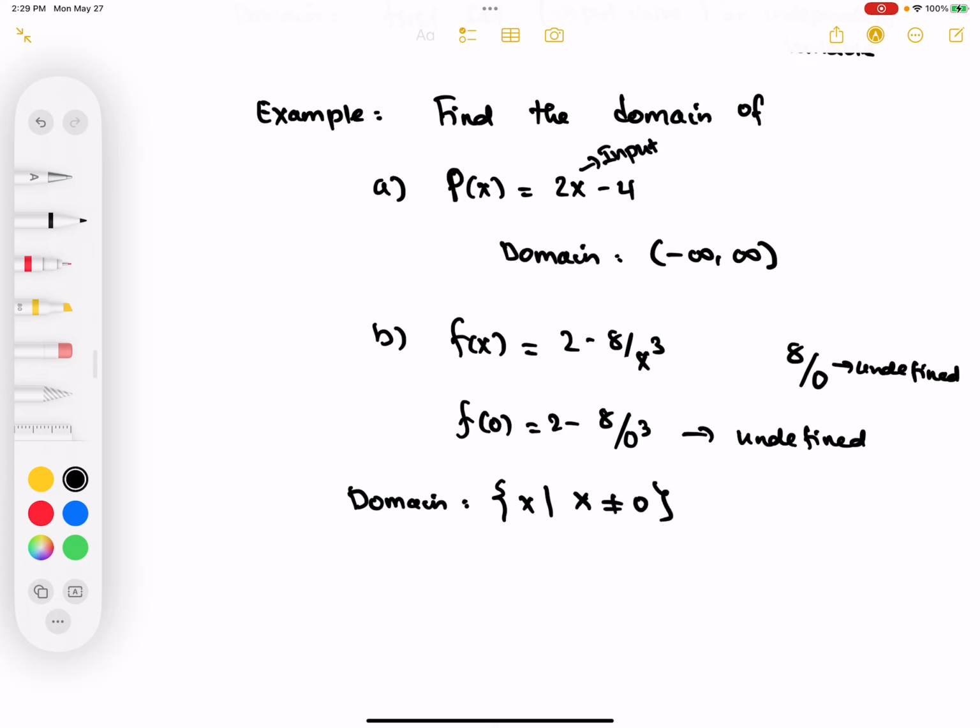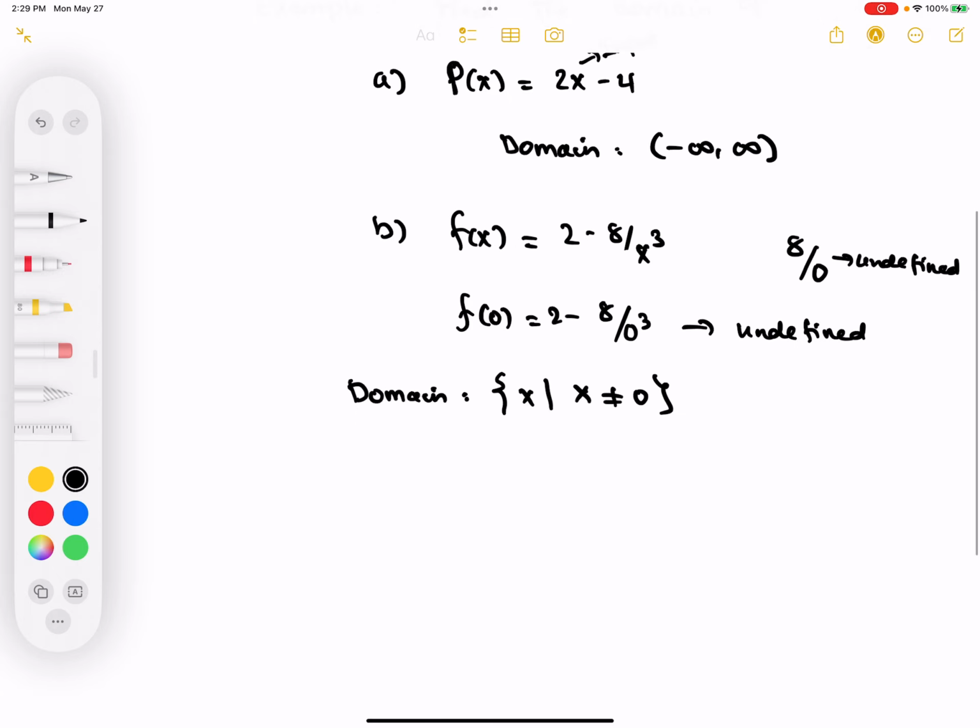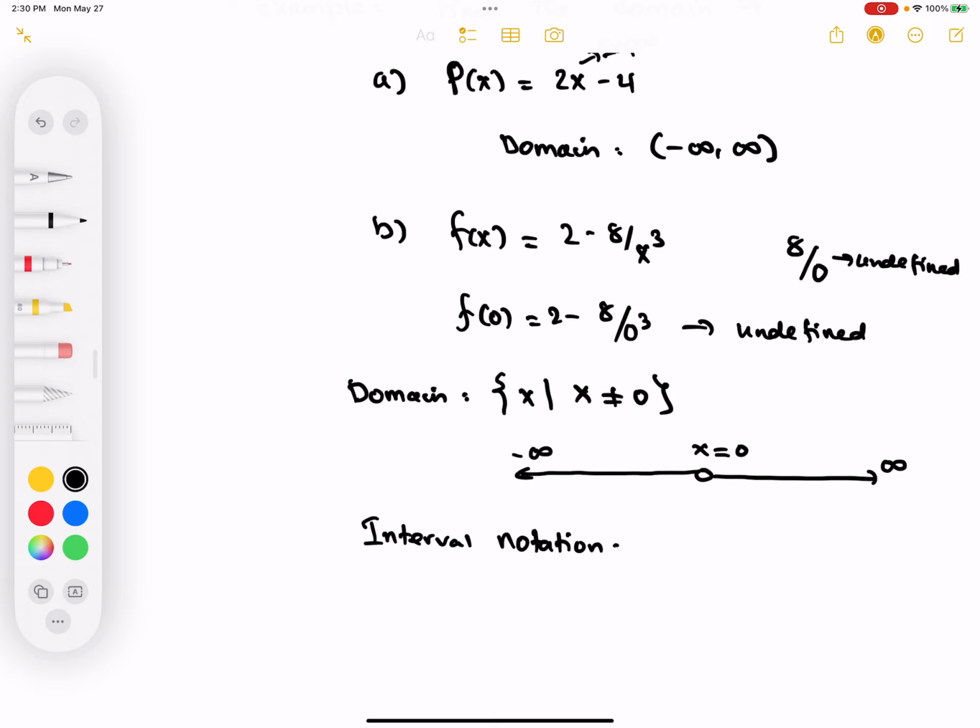But how can we write this in terms of interval notation? In order to represent interval notation, let us visualize in terms of a graph. Look at this graph: it is not defined at x equals 0, but it is defined for any real number except 0. So the interval notation, we can write from negative infinity to 0, union, from 0 to positive infinity.